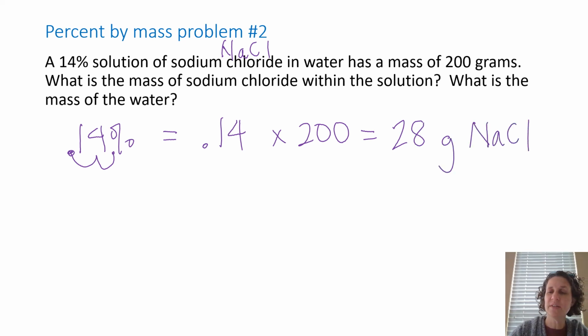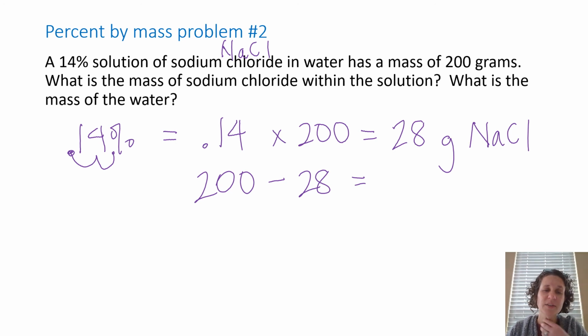You're always going to find the compound or the chemical first, because that's what you're going to be adding into water. So if I want to make 200 grams of this, I would measure out 28 grams of sodium chloride, salt. And then if I wanted to know how much water, I would subtract. 200 was my total. I know I'm already using up 28 of it for the sodium chloride.